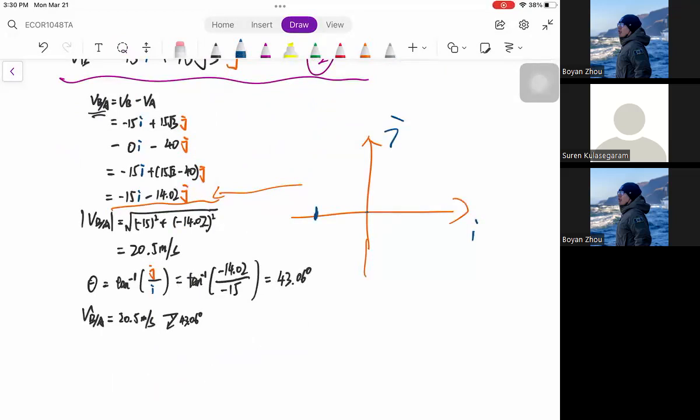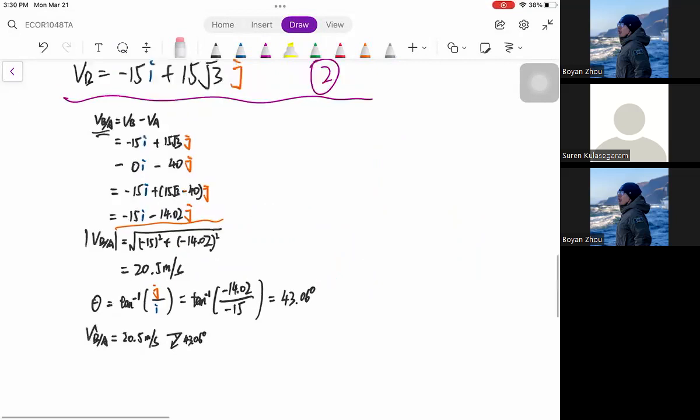And the J direction is also a negative value, so it should be something like this. So now you can easily see what's gonna be the direction. Okay, but yeah, we're doing the acceleration now.